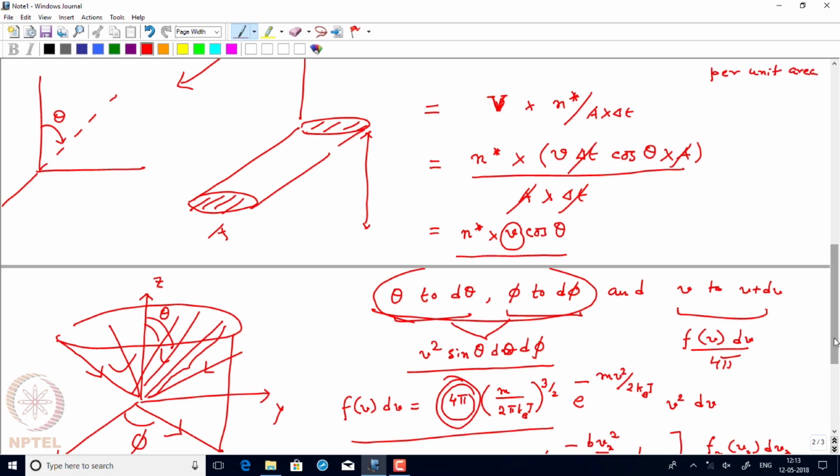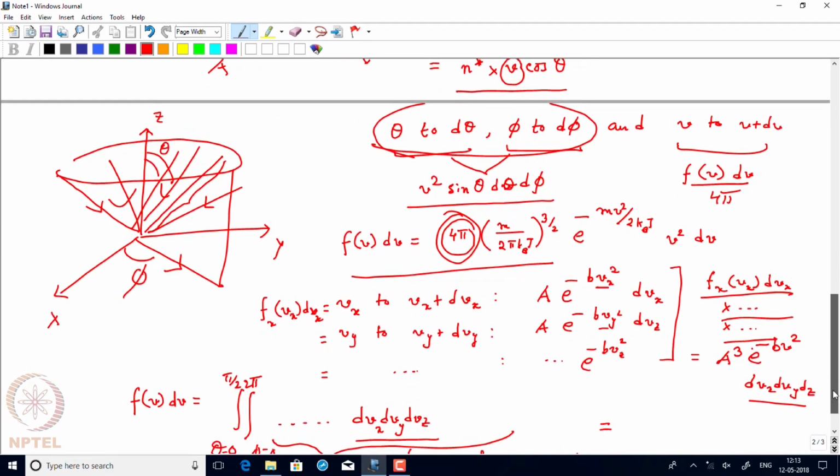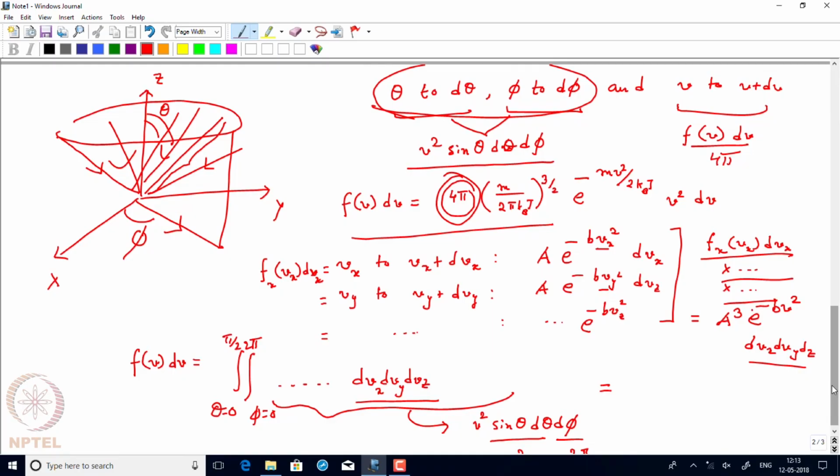So if you do it carefully, remember this Maxwell-Boltzmann distribution: if I change theta to theta plus d theta and phi to phi plus d phi, as well as v to v plus dv, there will be a distribution function.